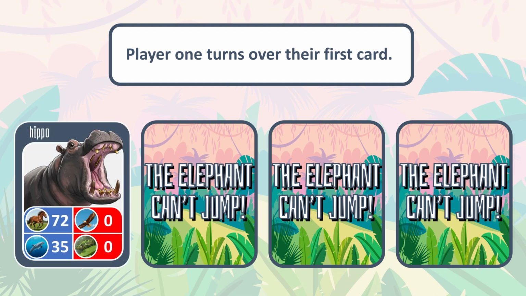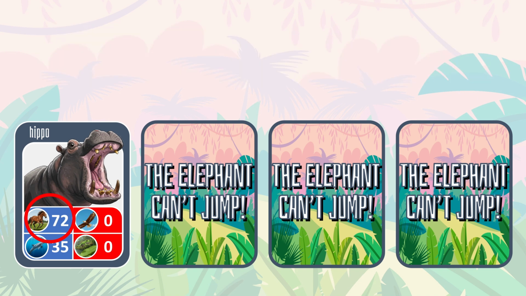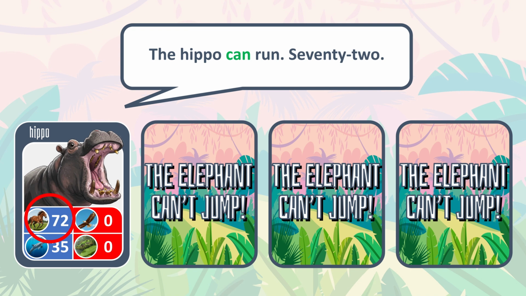And then player 1 turns over their first card. So you can play rock, paper, scissors or something to decide the order in which the students play. And the player 1 has to find their highest score and make a sentence. So in this case, it will be the hippo can run 72.